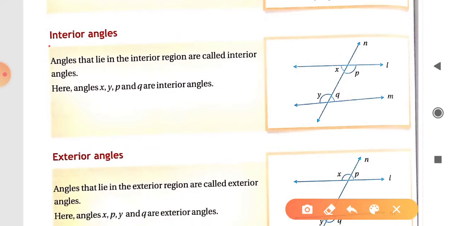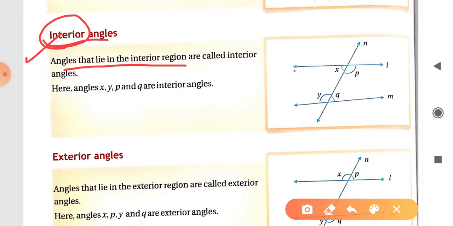First type of angle is interior angles. As its name suggests, interior means that they lie in the inner region. Angles that lie in the interior region are known as interior angles.